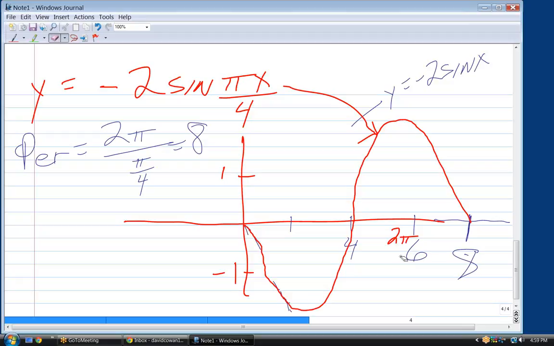Yeah. In other words, if we have a phase shift of, say, minus pi over 2, well, that means my starting point is right there, minus pi over 2. Well, my ending point is going to be 3 pi over 2, because that's a 2 pi period.